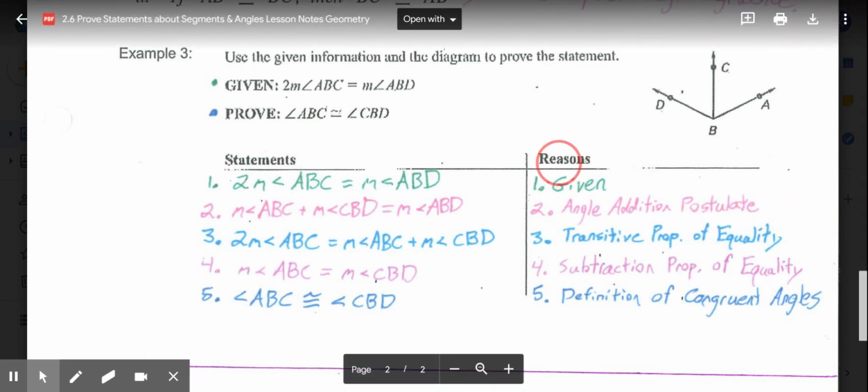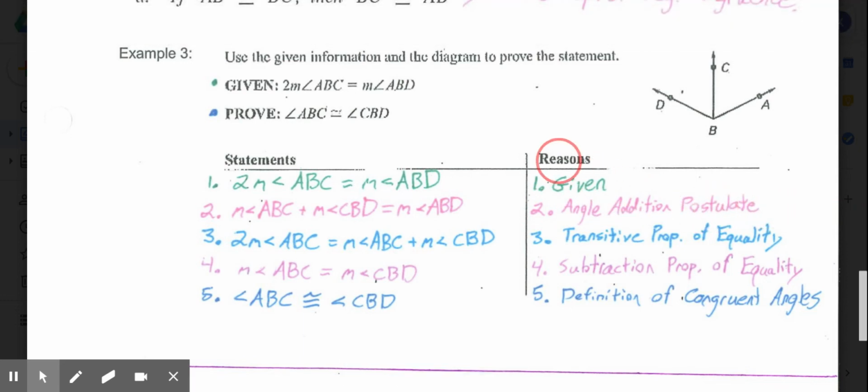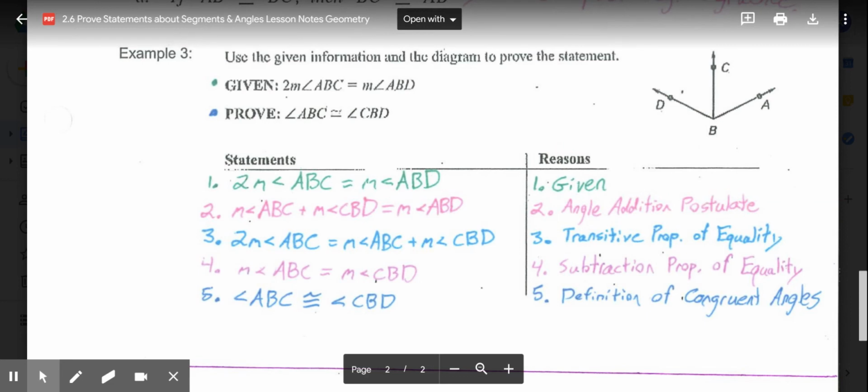So again, for our reasons, we can use postulates, theorems, properties, definitions. The angle addition postulate tells us if we have 2 adjacent angles, the 2 added together equal the total.